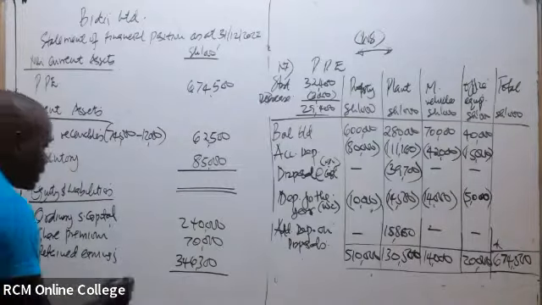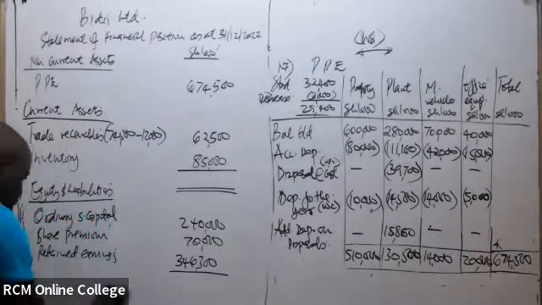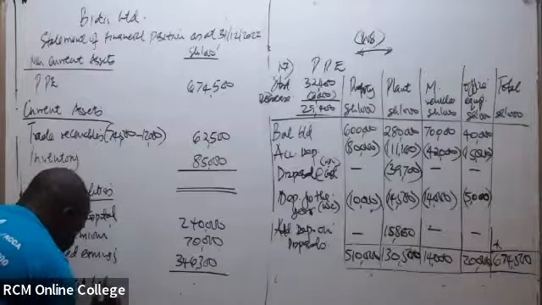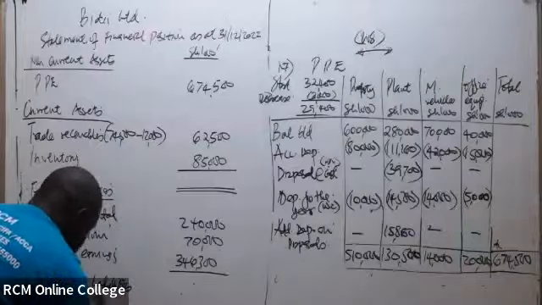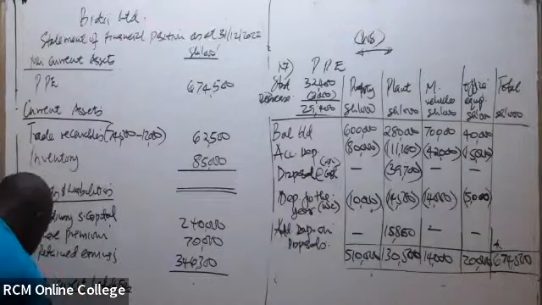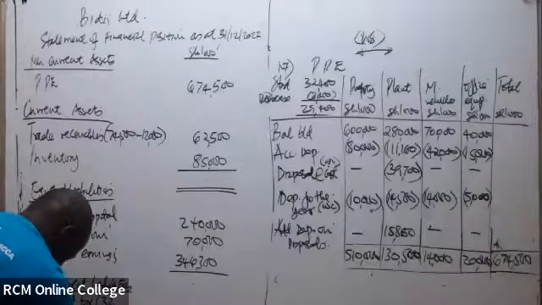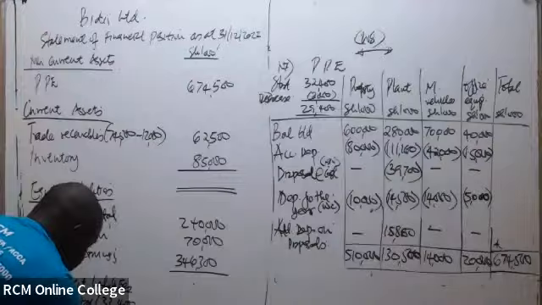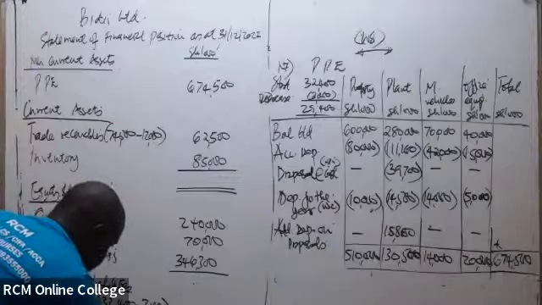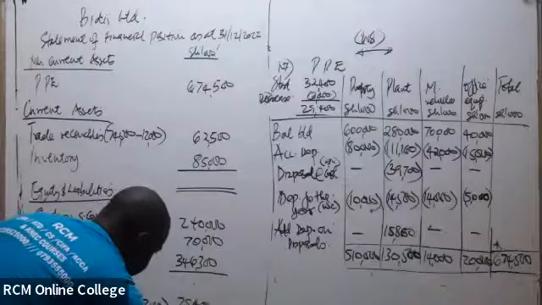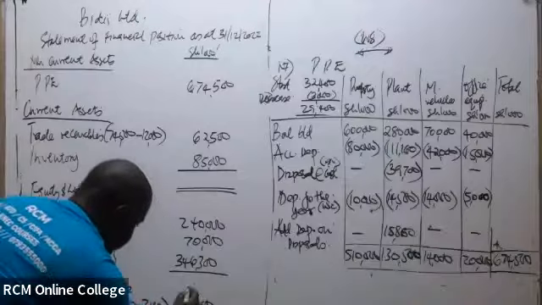So in this case, the non-current liabilities, we have deferred tax, which will be 32,400,000 minus 3 million, which ends up being 29,400.